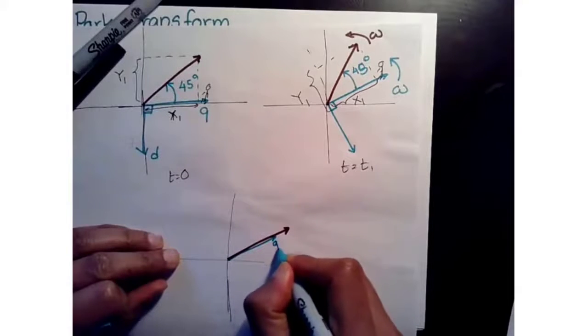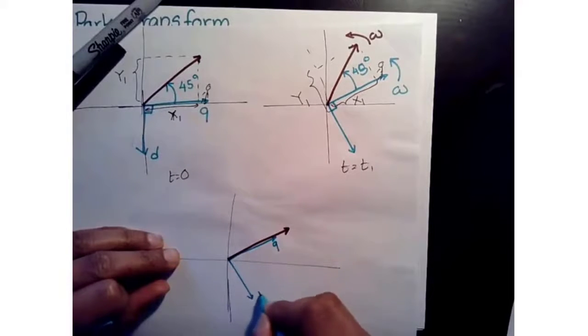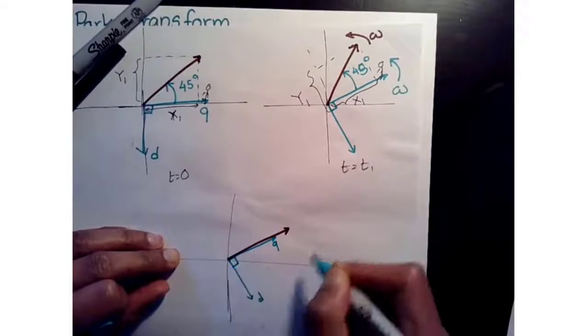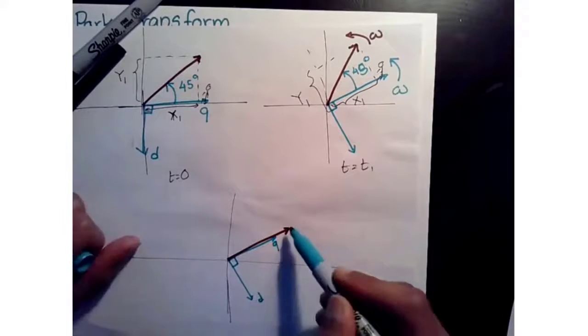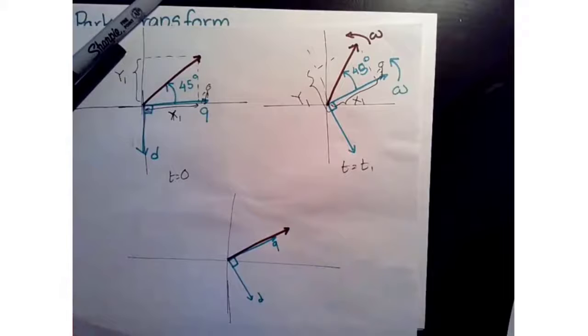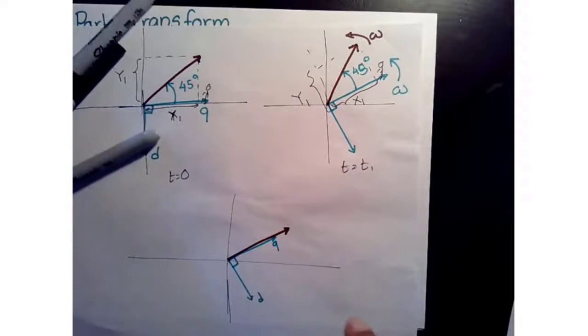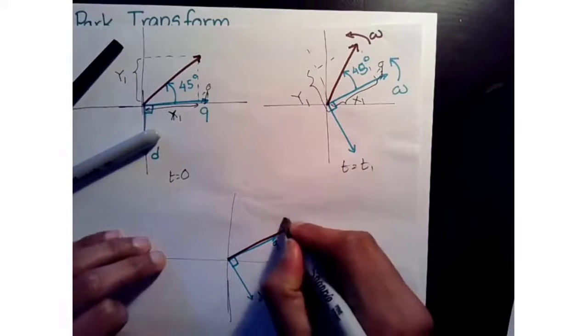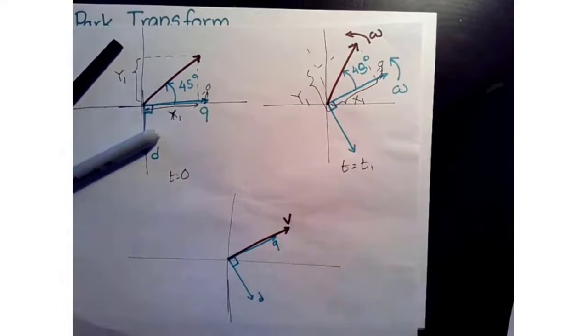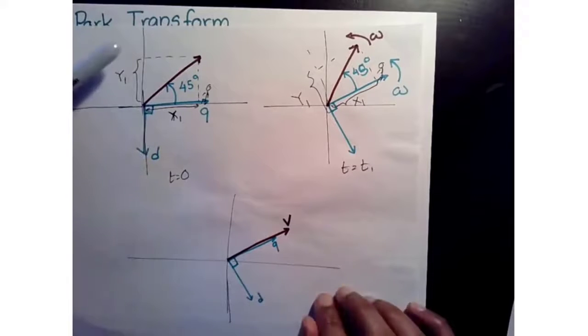I'm going to set my Q to this direction and D to this direction, and then I will move along with my vector at the same speed. What can I say about the projection of the vector on the direct axis?